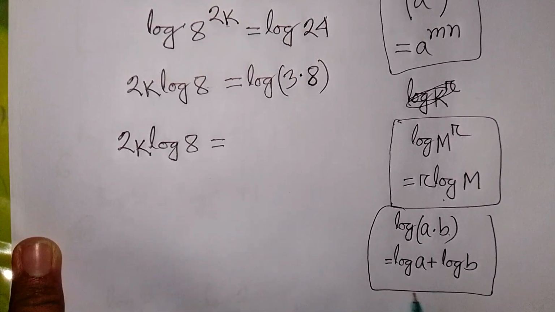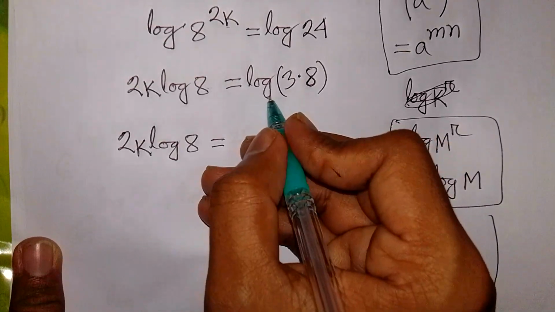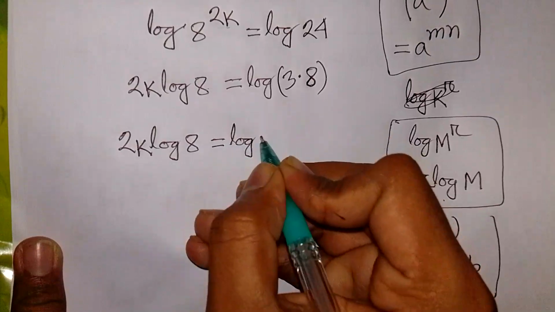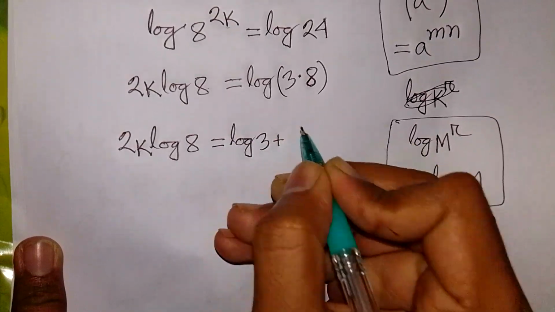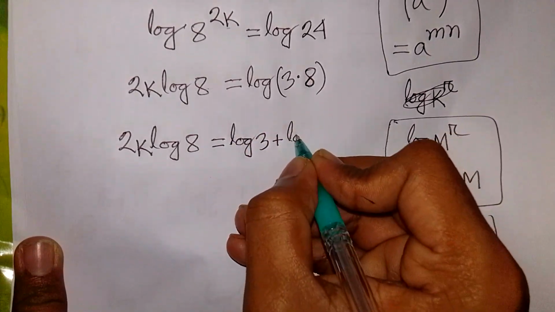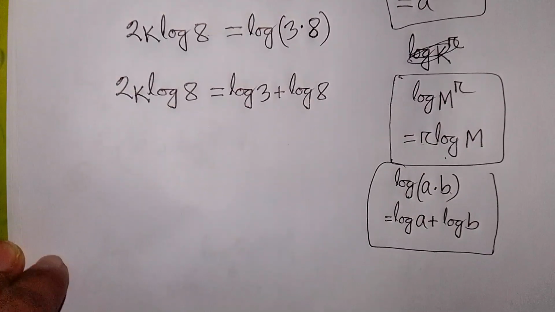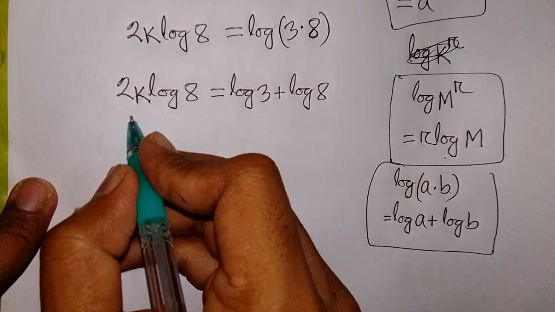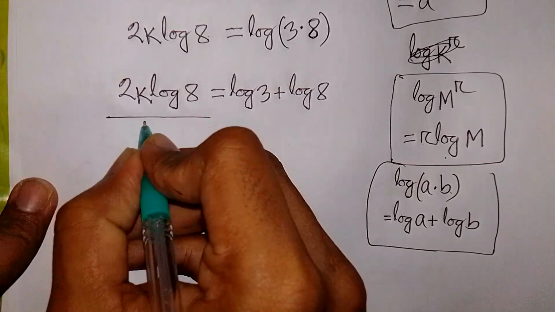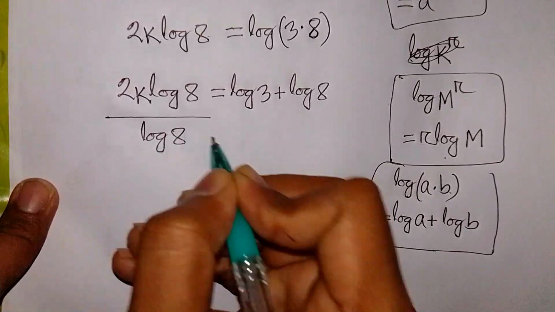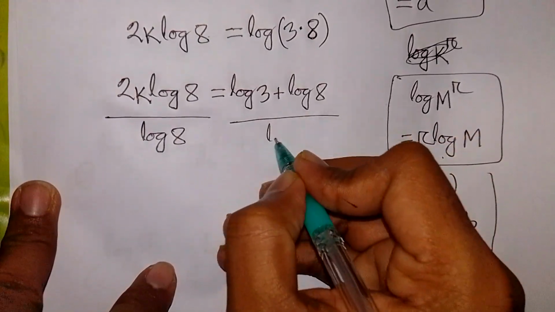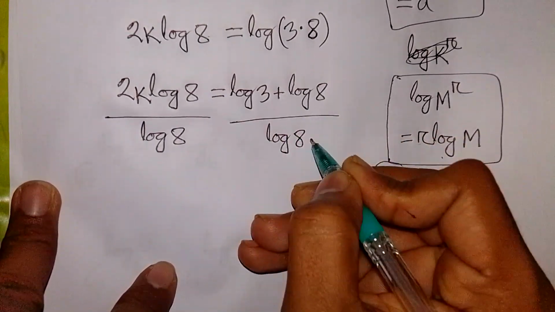So according to this formula, it will be log 3 plus log 8. Now we need the value of k, so we divide by log 8 on both sides.